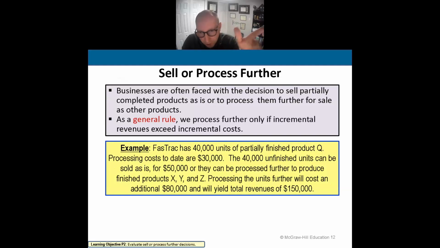Let's say the oil company pumps 40,000 gallons of oil out of the ground, and they partially process that oil further to become gasoline. Processing costs are $30,000.